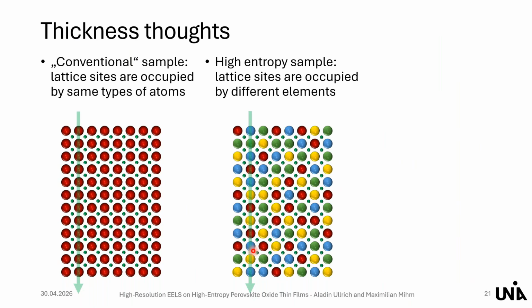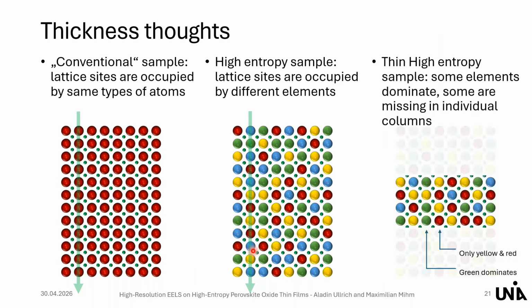Therefore, to visualize the high entropy nature of your sample, you must go to a thinner sample. You must make it as thin as possible, because when you make it thin enough, you get some atomic columns where one kind of atom is dominating or some kind of atoms are absent. And if the sample is high entropy in nature, you would then expect colorful maps at the end with an inhomogeneous distribution of your elements.